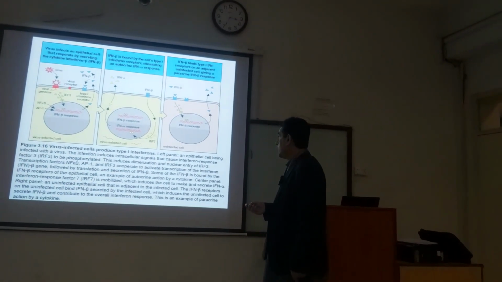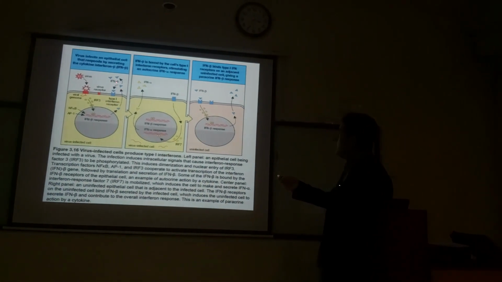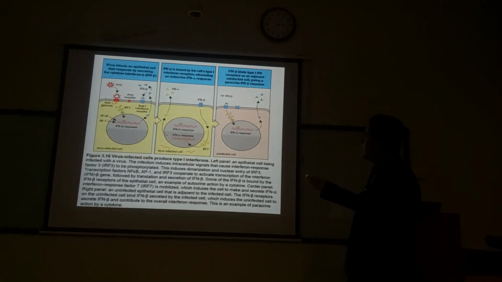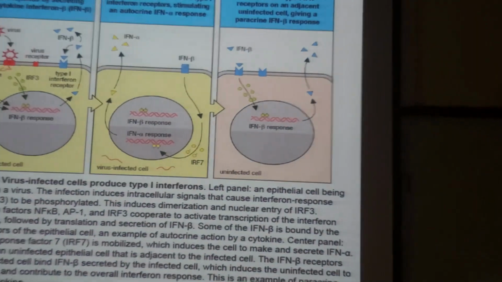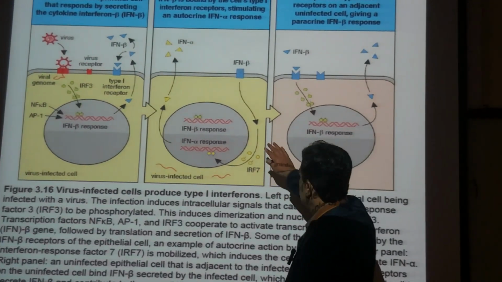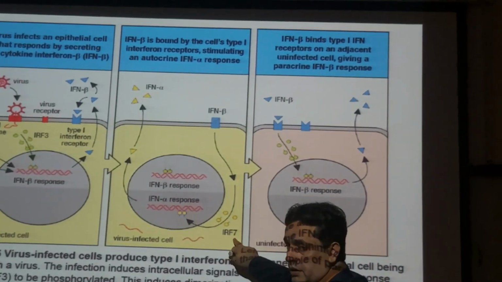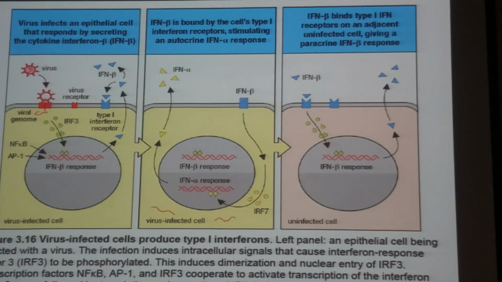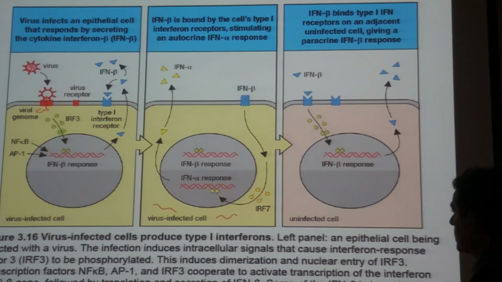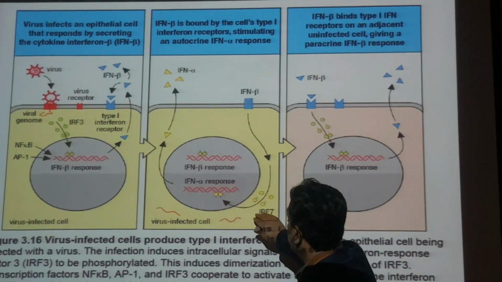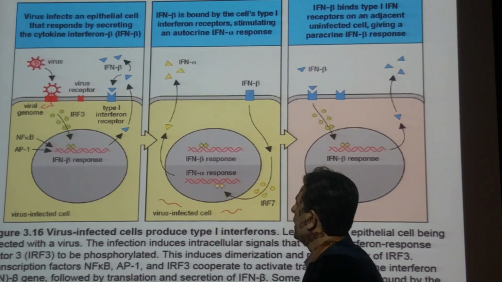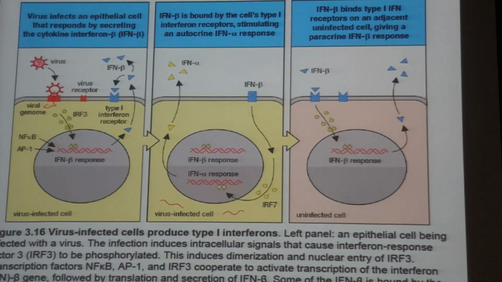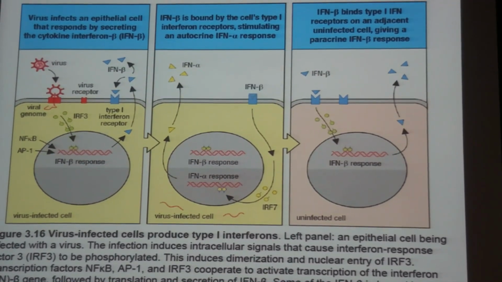Now, in the next panel, when this interferon beta binds to this particular receptor, you can see that binding here. It leads to activation of another response factor, interferon response factor 7. This interferon response factor 7 inside this cell starts the transcription of interferon alpha genes, or interferon beta genes.